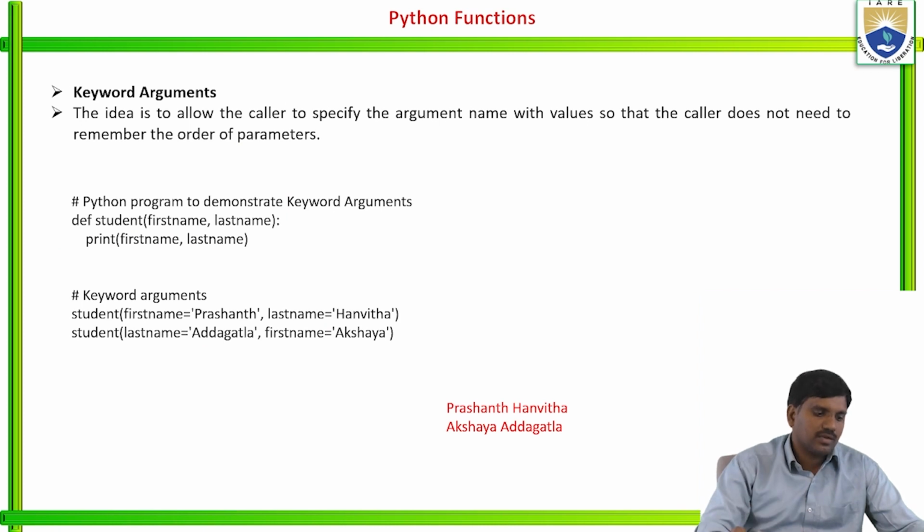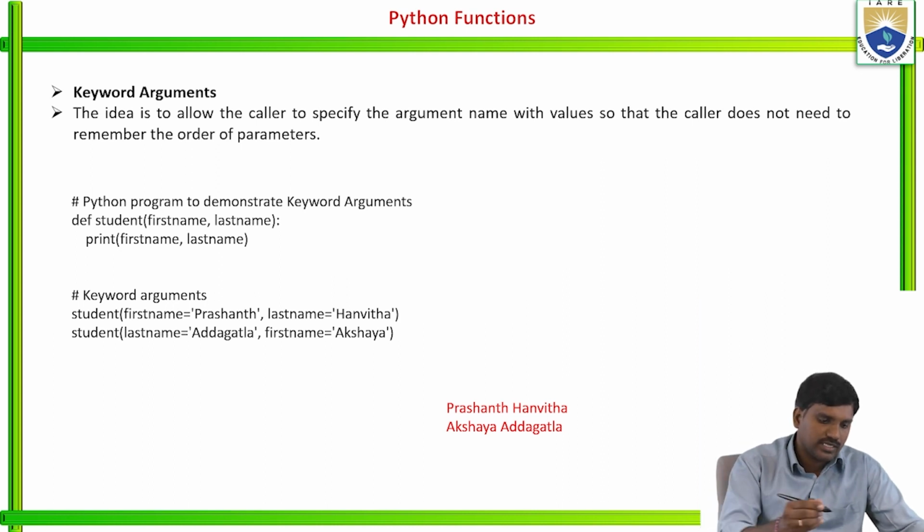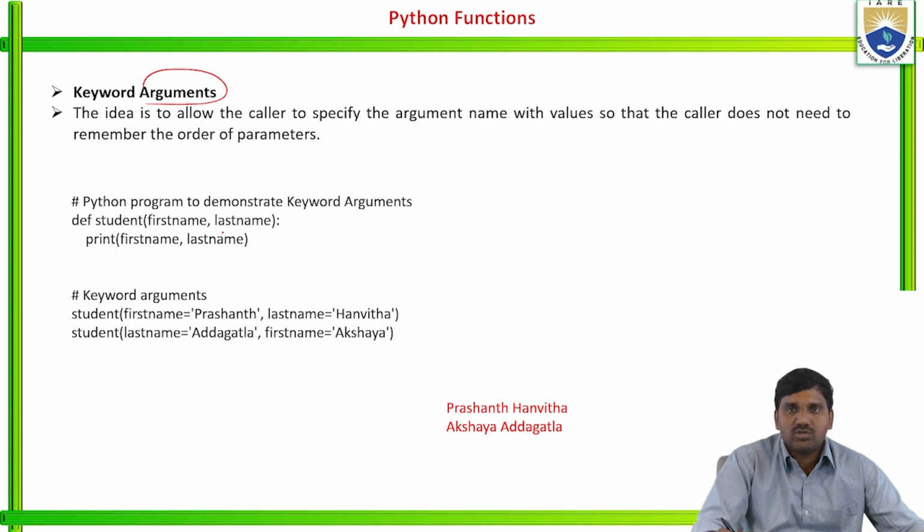So next, keyword arguments. Here the idea is to allow the caller to specify the argument name with values, so that the caller does not need to remember the order of parameters. Here is a Python program to demonstrate keyword arguments.